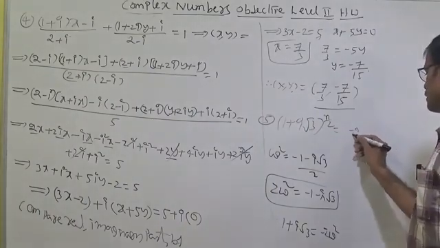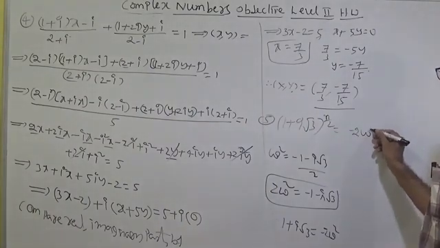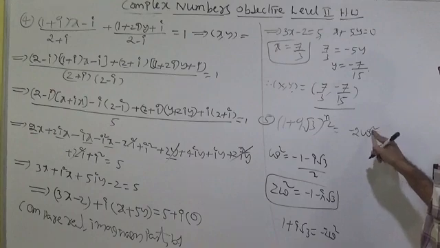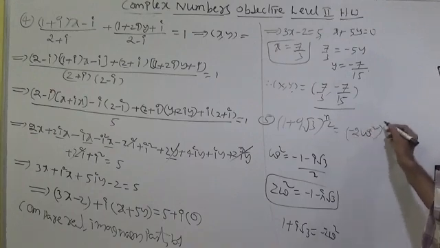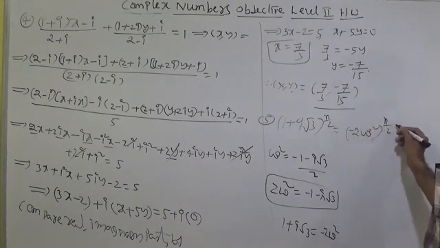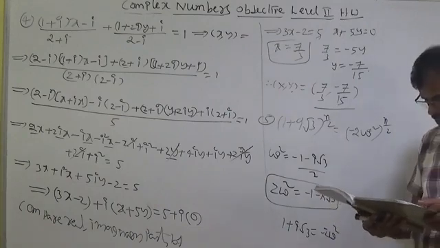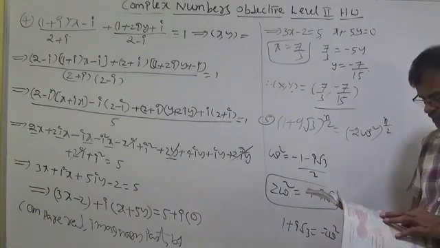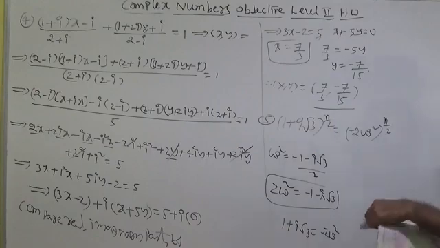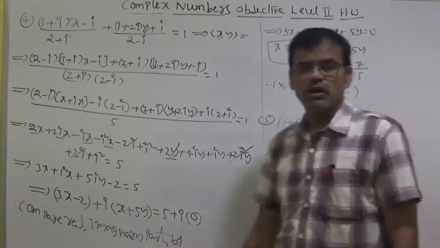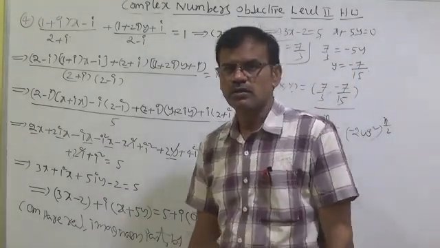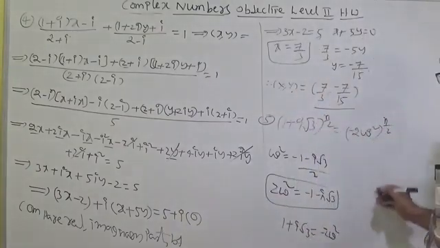Substitute here: (−2 omega square) whole power n by 2. The smallest positive integer n for which it should be real. We know that omega power a multiple of 3 is real, since omega cube is 1.